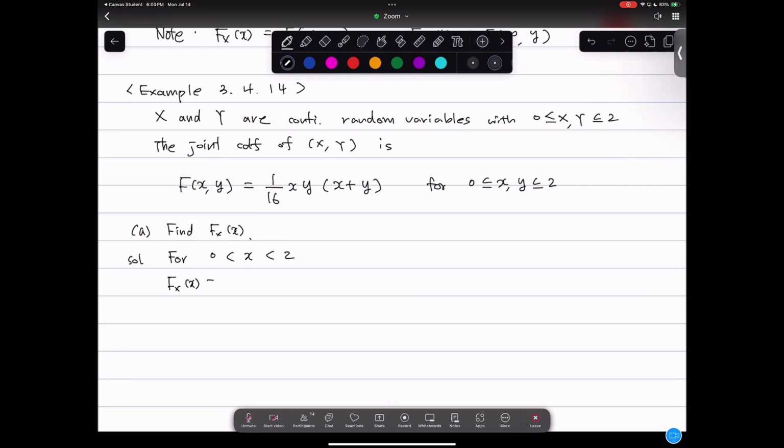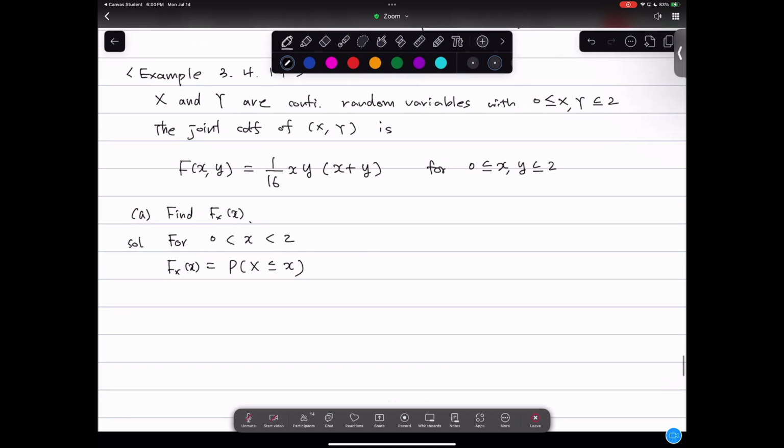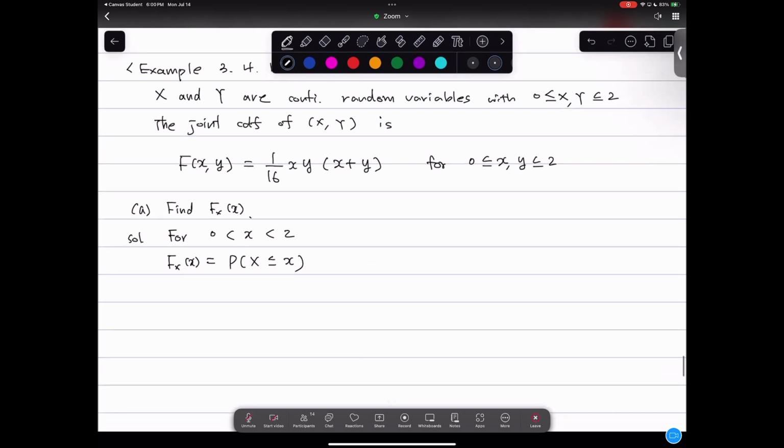by definition, is the probability that your x random variable is less than or equal to some number x. So the y value is basically anything.